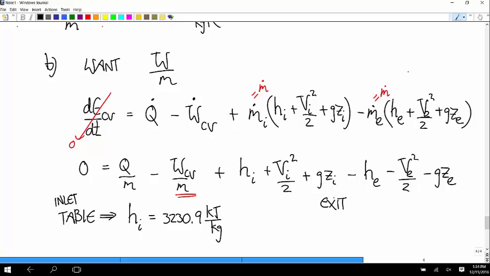And at the exit, the saturation table says the enthalpy at the exit is 2676.1 kilojoules per kilogram.